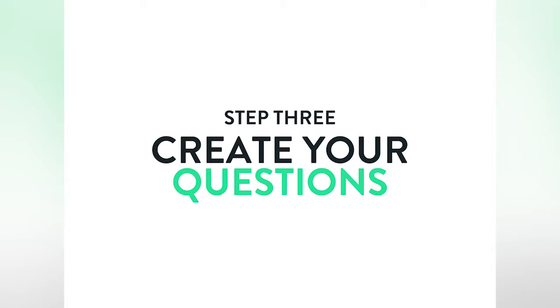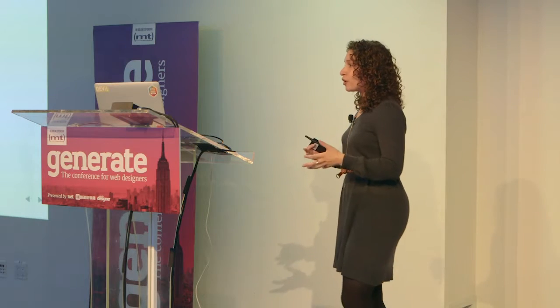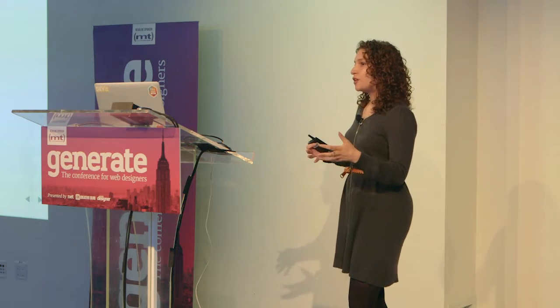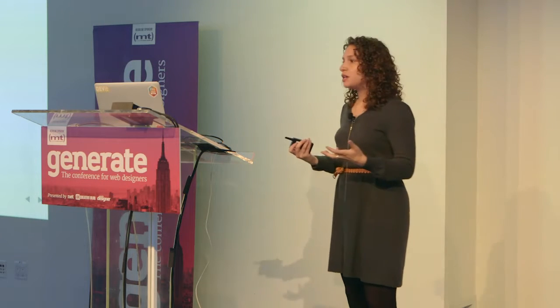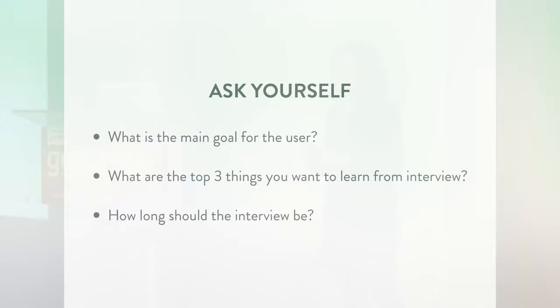So step 3, we've got to create the questions. When we're talking to people, we have to remember a few things about not only how people work, but also the best way to get someone to open up and tell you things. So we have to ask ourselves, what's the main goal for the user?